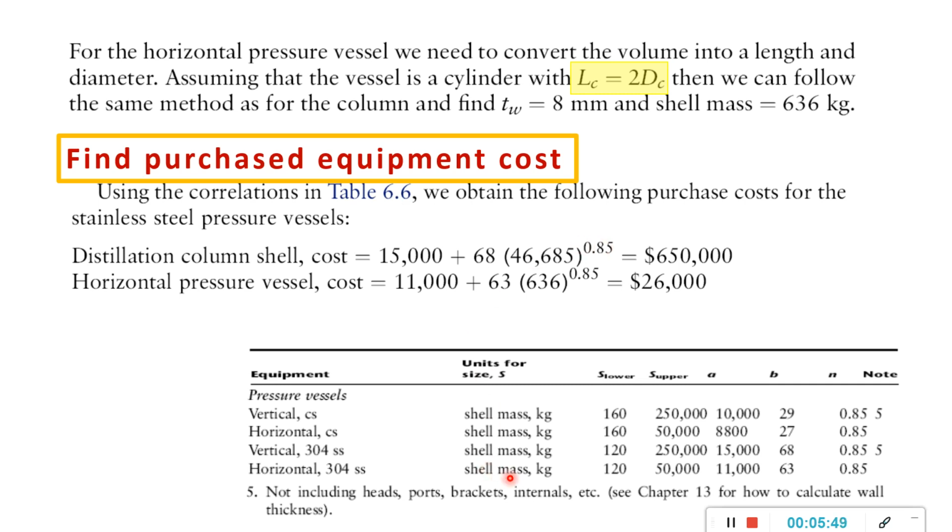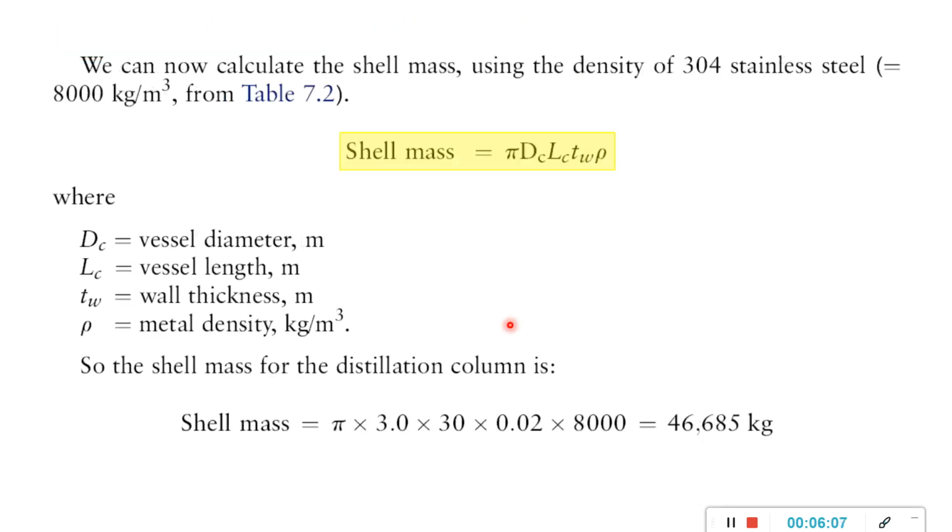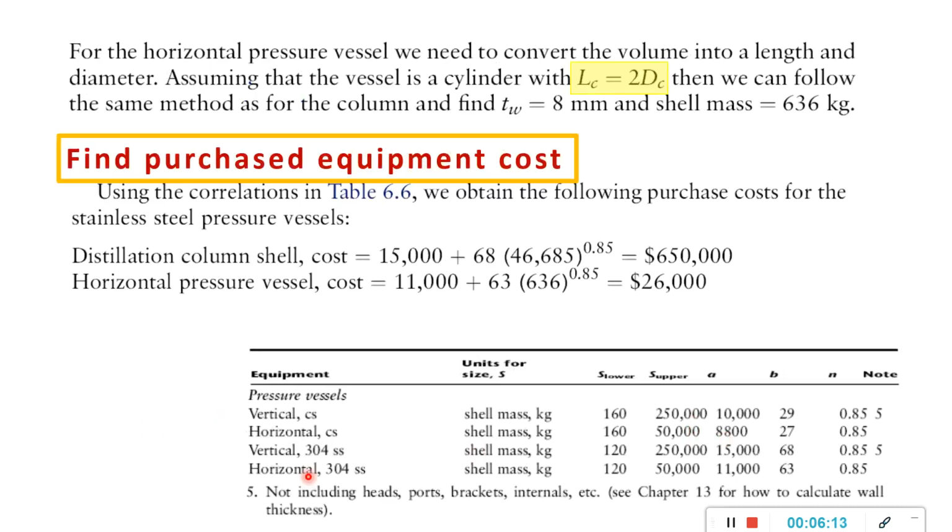So we take all of these values. The shell mass that we calculated before is 46,685 kilograms. So for the range of vertical vessels, is it inside the range? It's still inside the range, so it's valid for us to use these a, b, and n values.